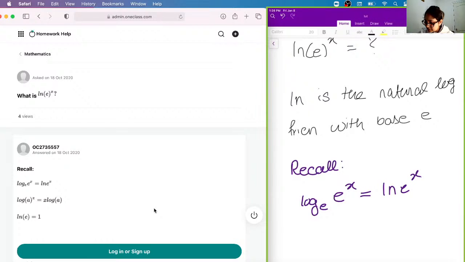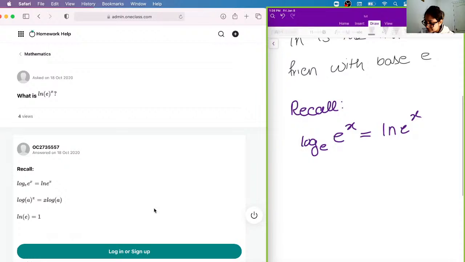And if you guys recall the power rule for log, where you have log base, in this case let's say base 10, of a to the power of x is equal to x log of a.